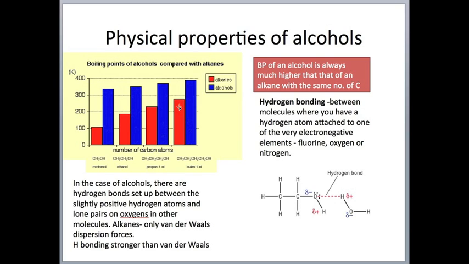Hydrogen bonding happens between molecules where you have a hydrogen atom directly attached to one of the very electronegative elements, so fluorine, oxygen, or nitrogen. So here we have ethanol, and we can see a molecule of water. Because oxygen is very electronegative, it has a slight negative charge.